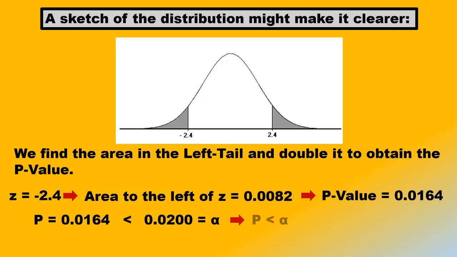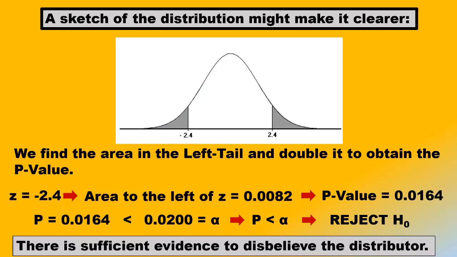And if p is less than alpha, then our decision is to reject H naught. H naught was the claim that was made by our distributor. So that means there is sufficient evidence to disbelieve the distributor. If we're going to disbelieve the distributor, then this may result in our distributor being demoted or fired if we feel like they're lying to us.